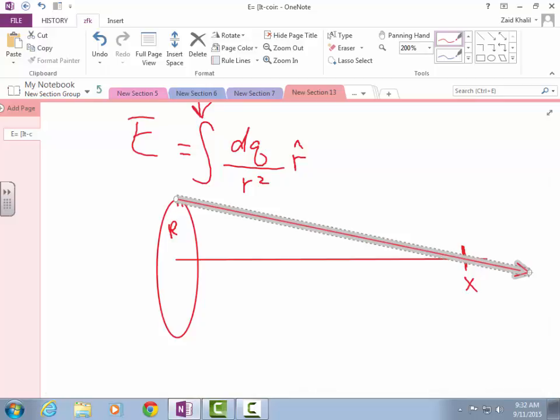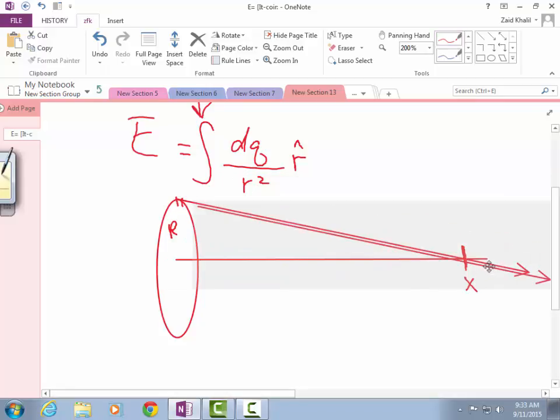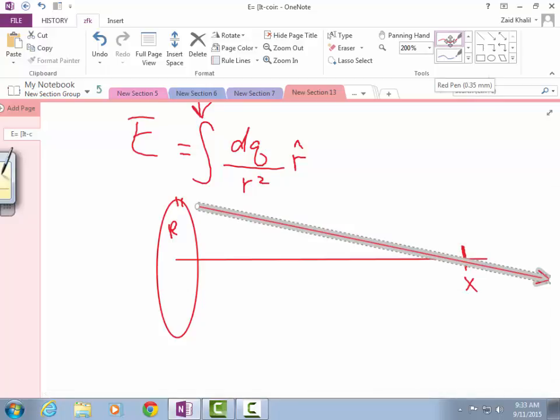So if you go on the exact other side of this ring, where's that electric field pointing? On the other side, it's going to point at this angle.